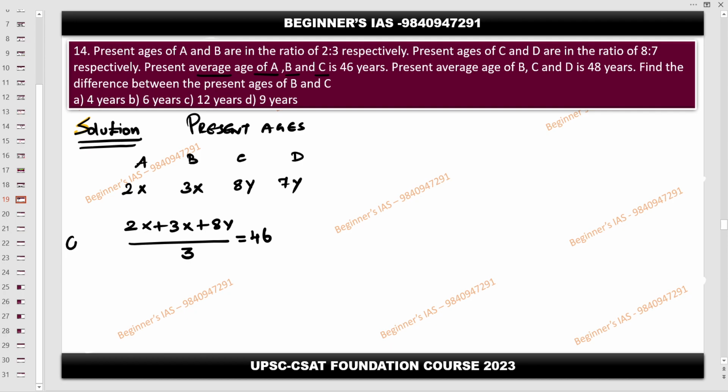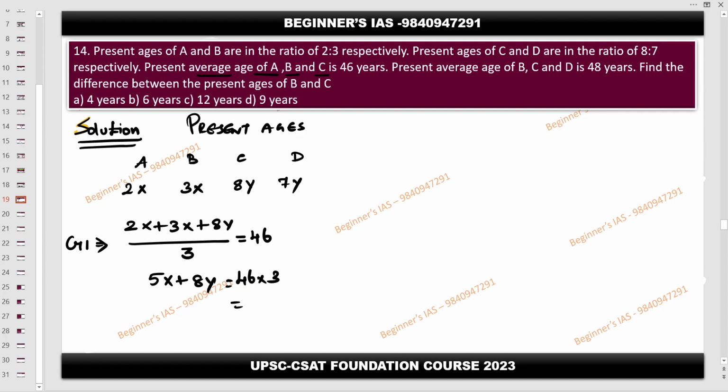So this is the given number 1. Now 2x plus 3x will become 5x, then 8y. 5x plus 8y is equal to 46 into 3.